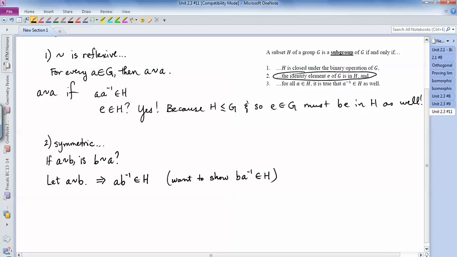One of the things we know is that if something's in H, then its inverse is in H. So we also know that the inverse of AB inverse has to be in H, because the inverse of any element in H must also be in H.